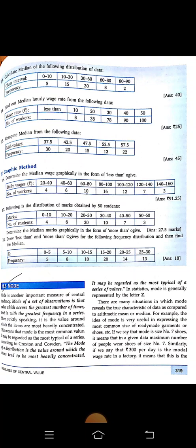This means that mode is the most common value. It may be regarded as the most typical of a series.